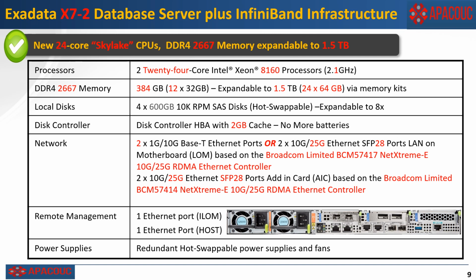Local drives, we have 4 and 600G in size, 10K RPM SAS drive. They are hot swappable and can be increased up to 8. We have this controller cache 2 GB, and we are not using batteries. We have during that time supercapacitor, which is better than batteries. It can charge and discharge quickly.